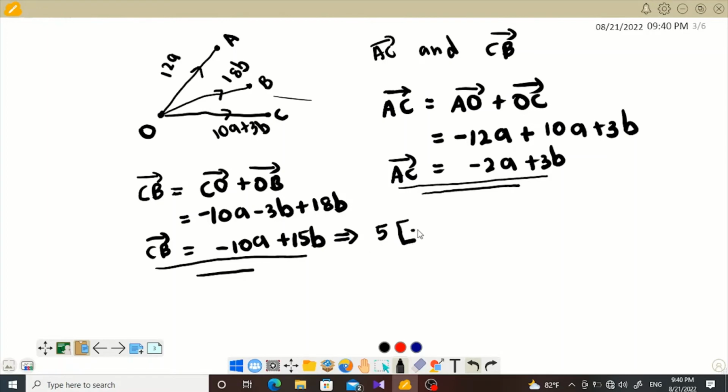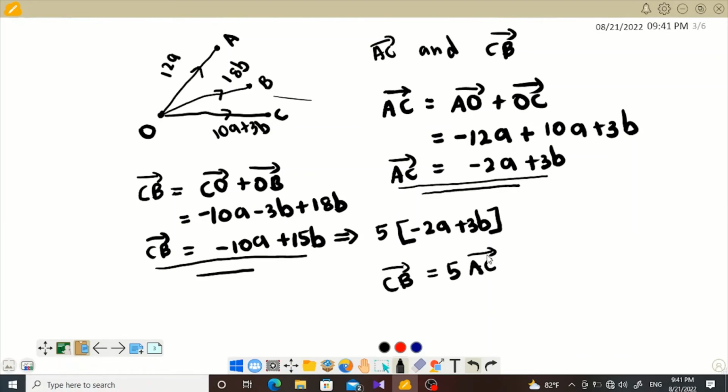Then inside the bracket, minus 2a plus 3b. So CB equals 5 times minus 2a plus 3b. You can see our AC vector is minus 2a plus 3b, and here also minus 2a plus 3b. So I can write CB equals 5 times AC.